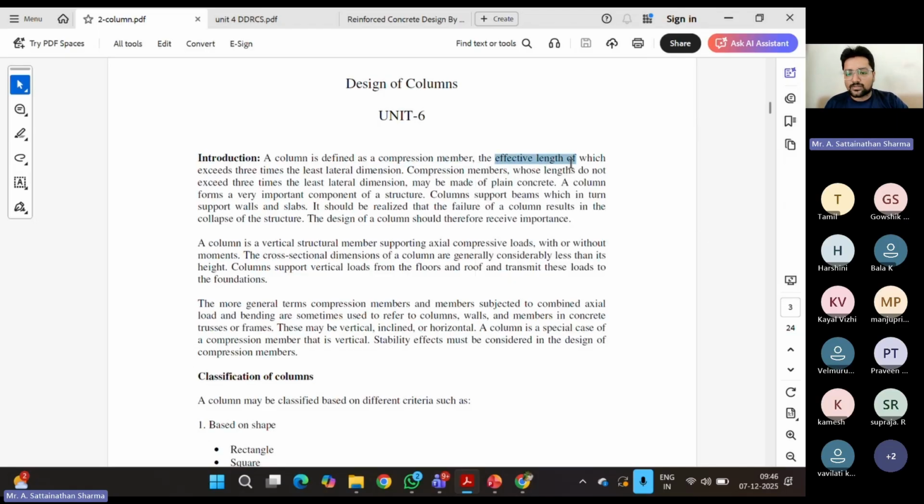What is called effective length? When I say height, take an example of a human. If I ask you what is your height, and they say 5 feet 3 inches or 5.6, 5.7, this is the total height.